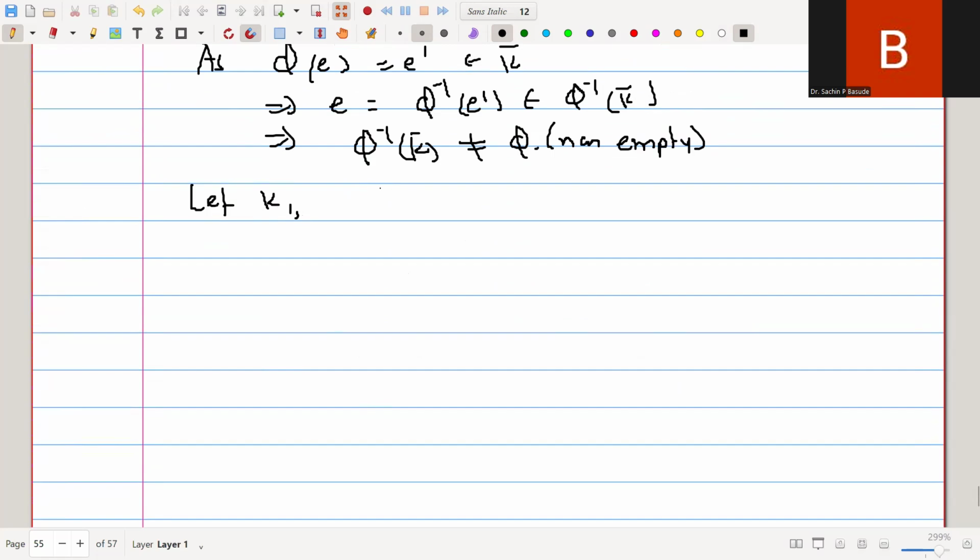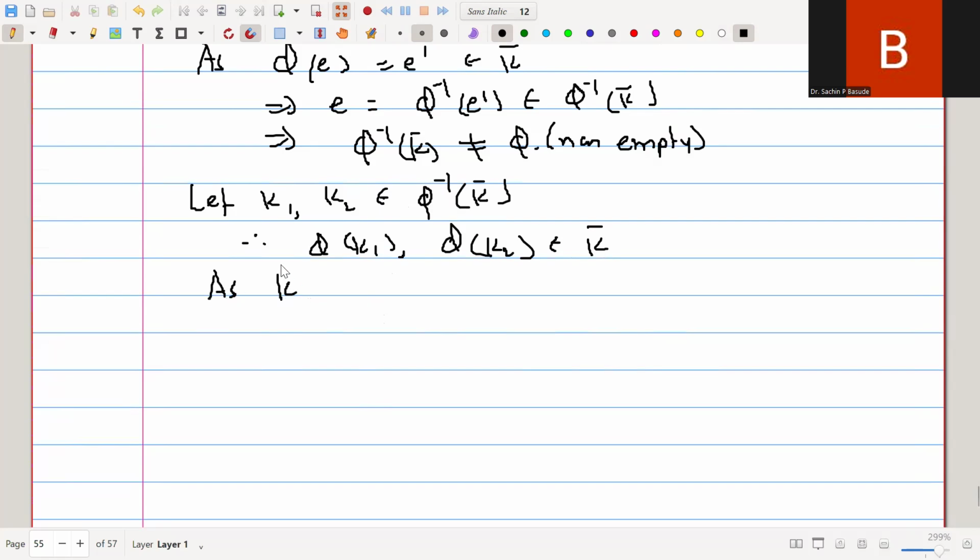Now let k1, k2 belong to phi inverse k bar. Therefore, phi of k1, phi of k2 belong to k bar. But k bar is a subgroup of G bar.